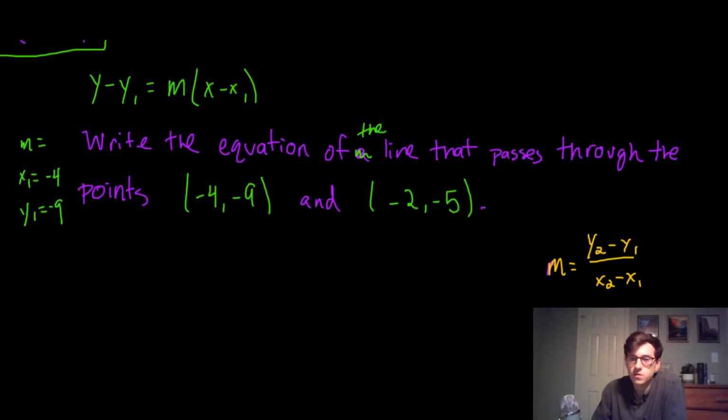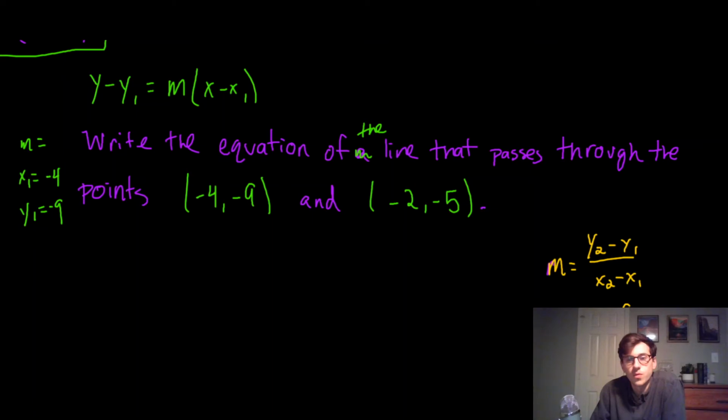So y2, -5, minus y1, which is -9, over x2, -2, minus x1, which is -4.